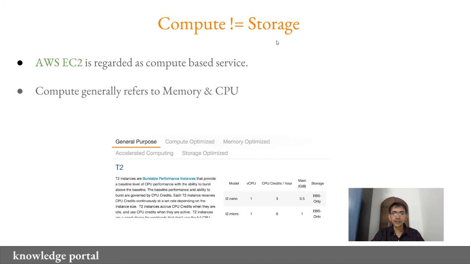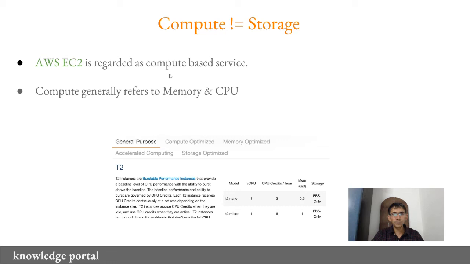Now this slide is very important. Do remember that AWS EC2 is regarded as a compute based service. Compute generally refers to memory and CPU. If you look into the EC2 pricing or the available EC2 instance types, you will see that you have the vCPU, the memory, and the storage option, where you have EBS only here.